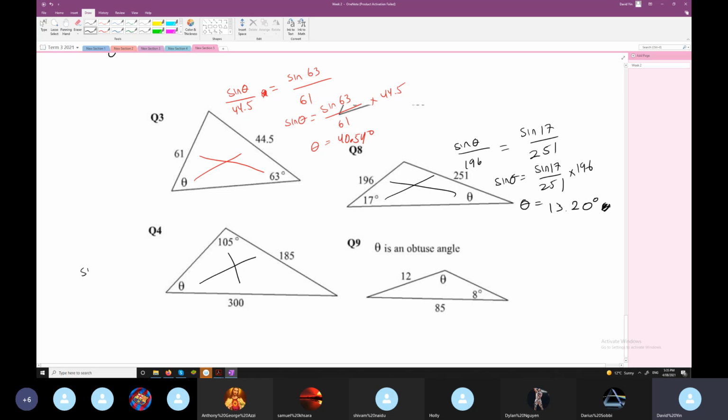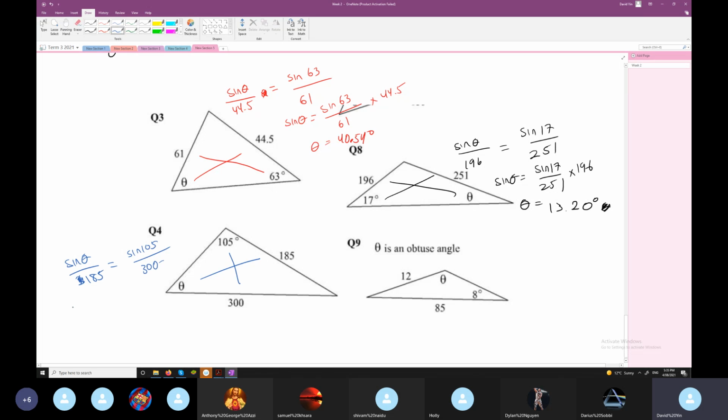So we have sine theta all over 185. I'll do this in a different color. This angle goes with this side, this angle goes with this side. So we have sine theta all over 185 equals sine 105 all over 300.